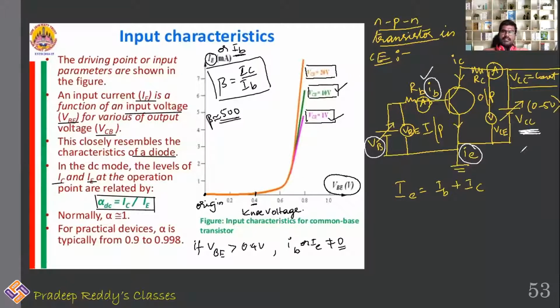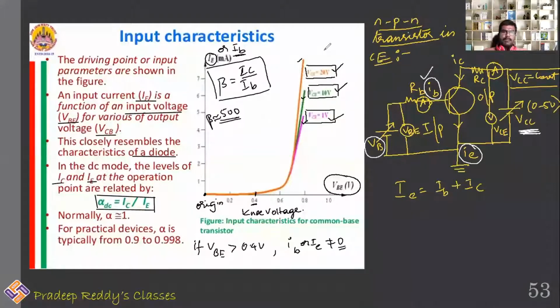Next, we are increasing this to 10 volt. Next, we are increasing this to 20 volt. As we increase the voltage at different VCB values, we will get these graphs 1, 2, and 3. And all the 3 are similar to each other, not a huge difference between those 3 graphs.